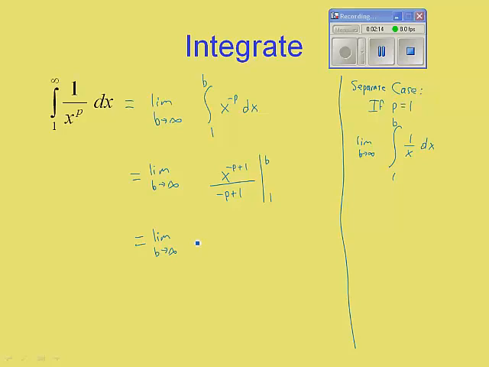Now, instead of writing b to the negative p plus 1, are you guys okay if I write b to the 1 minus p over 1 minus p? It's the same thing. Minus, and then what happens here? You get 1 over 1 minus p, right, when you put in the 1. Is this okay?